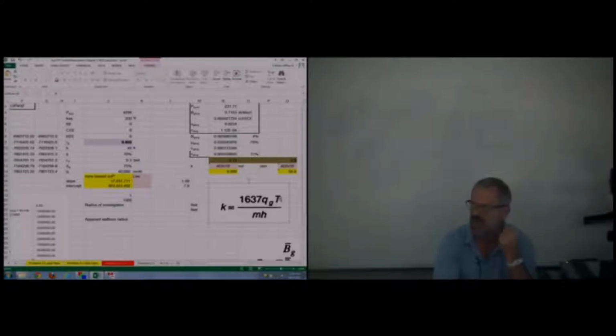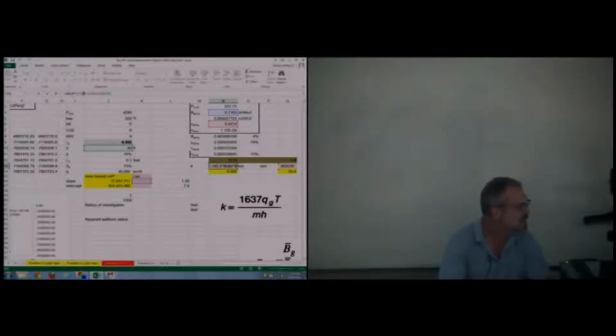So we only have reservoir temperature, and that capital T means it's going to be in degrees Rankine. We have a slope and an h. This becomes pretty easy. So the 162.6, I'm going to change to 1637. N4 was B sub g. We no longer have a B sub g, but instead we have temperature: 460 plus 200. And N6 was viscosity.